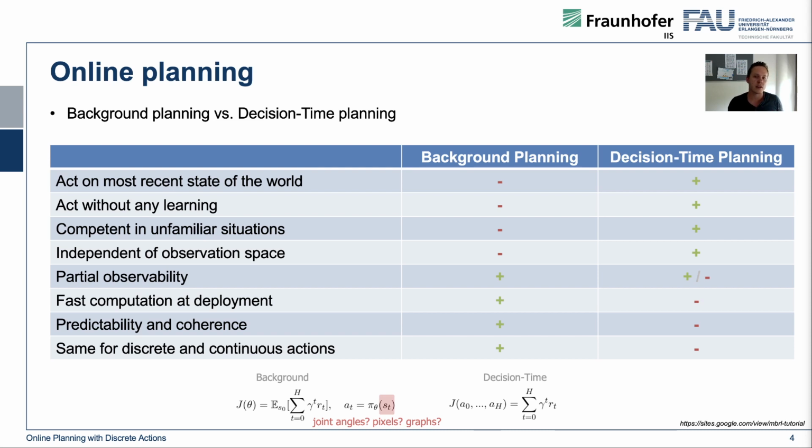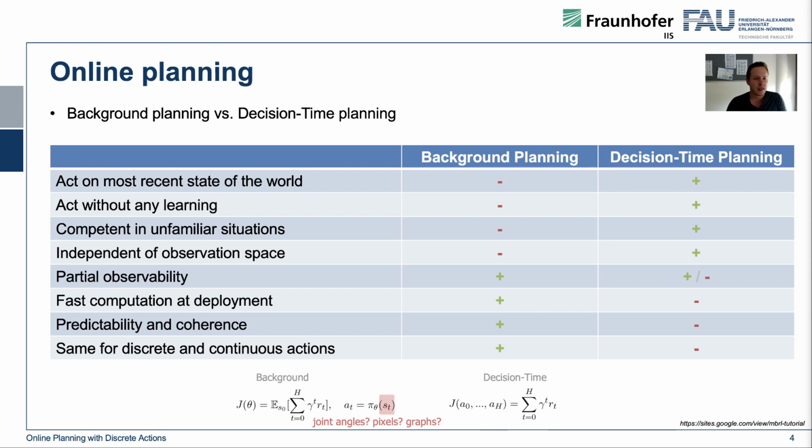You can use this model together with the environment to come up with a plan and just execute your plan without learning anything at all. Whereas in background planning, you have to learn through the interaction with the environment and your model how to behave in the environment.